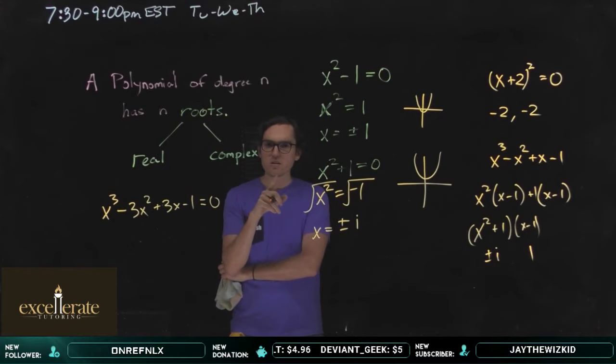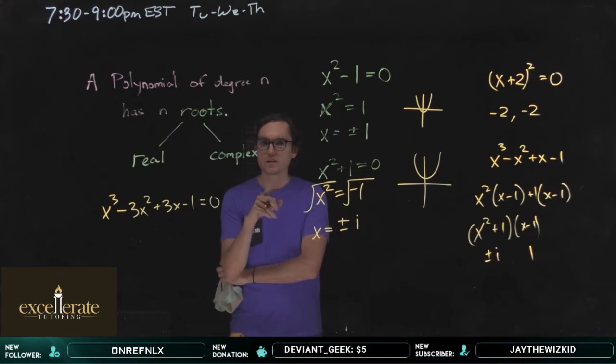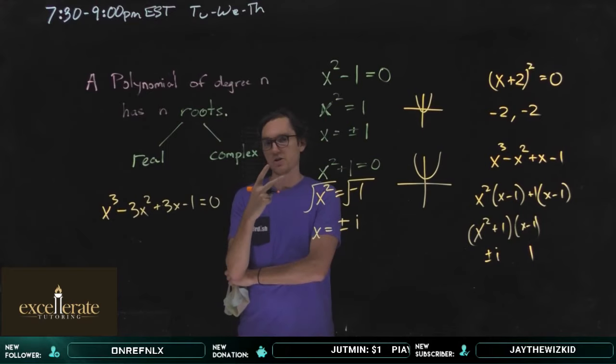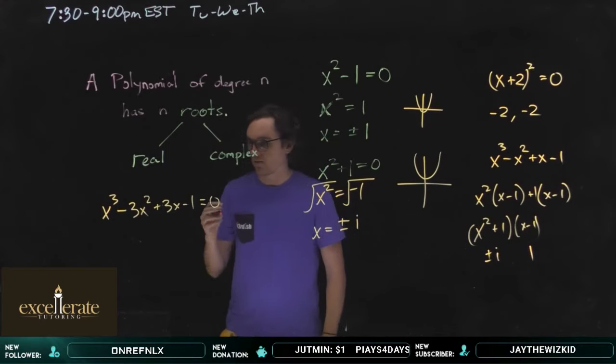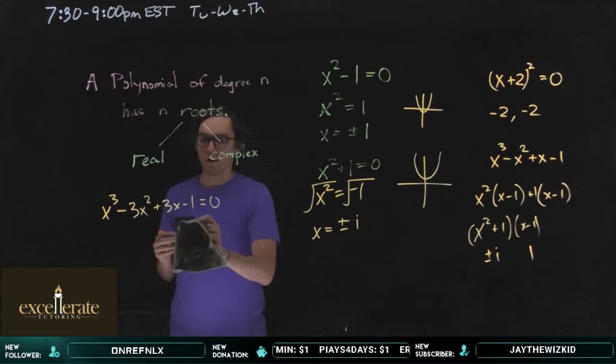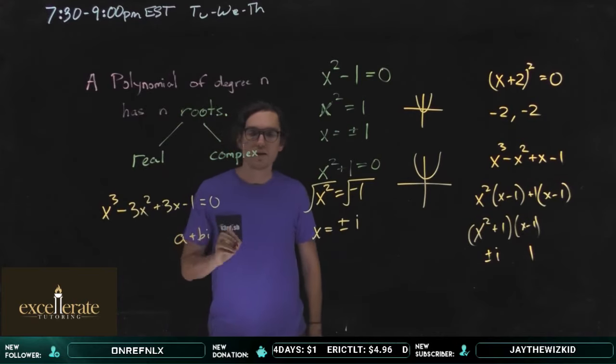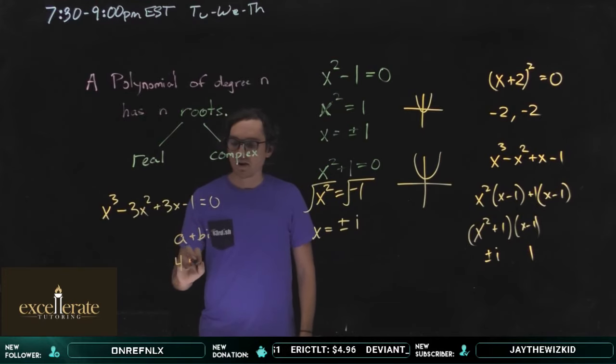Now still, if you have a cubic, you could have 3 roots that are all real, or you could have 1 real root and 2 complex roots. And those 2 complex roots are going to be complex conjugates of each other. Just to give you some context, complex roots come in this form: a plus bi, a real number plus an imaginary number.